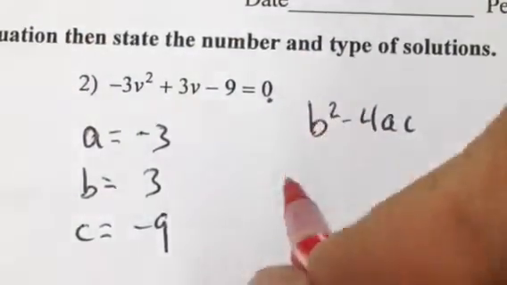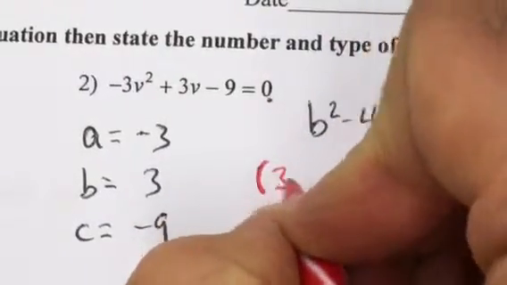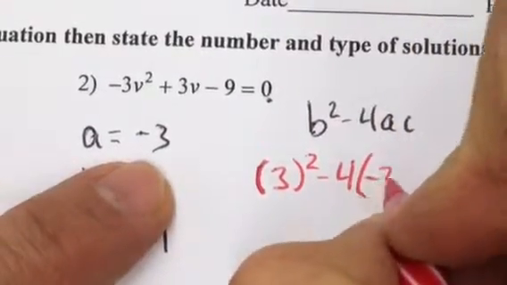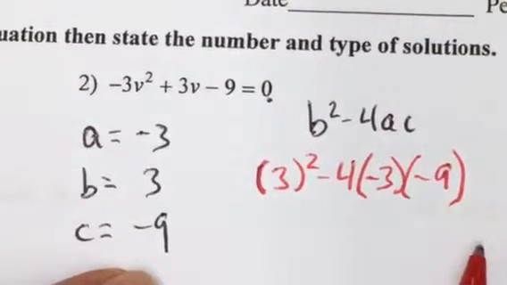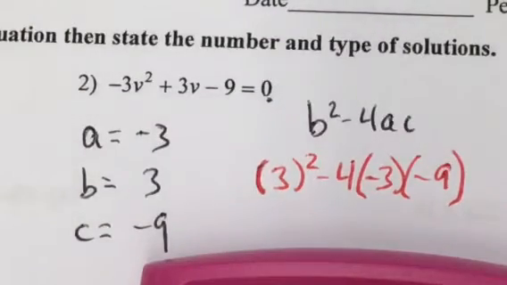So, three squared minus 4 times A times C. That's all I'm doing. I'm going to put it into my calculator. 3 squared minus 4 times -3 times -9.